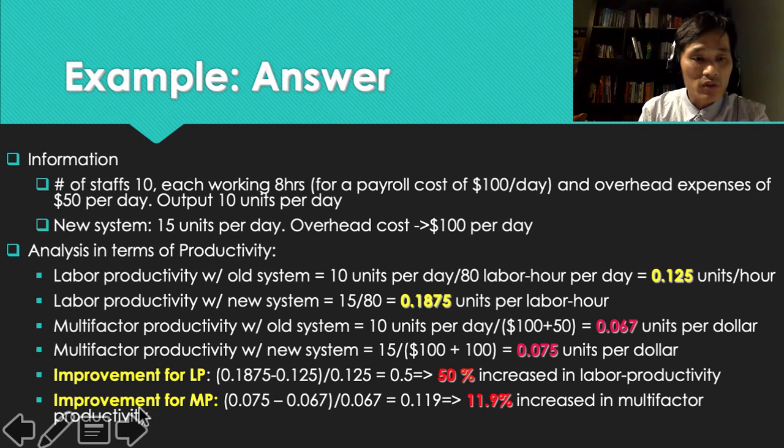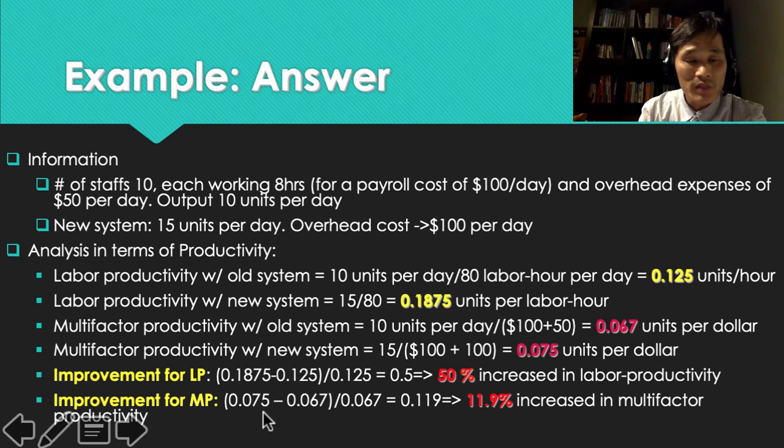Similarly, we can calculate the improvement for multi-factor productivity. The initial productivity with the old system was 0.067. So we subtract that from the improved multi-factor productivity, 0.075.